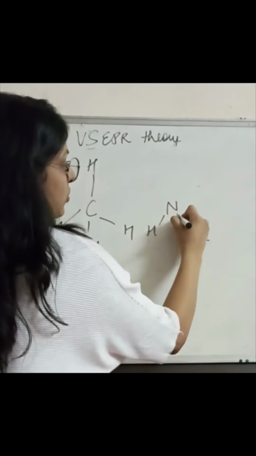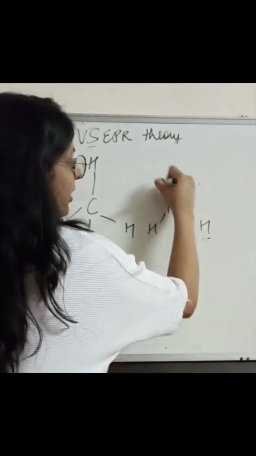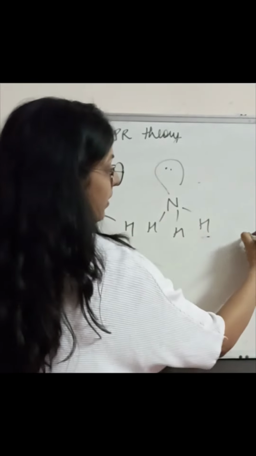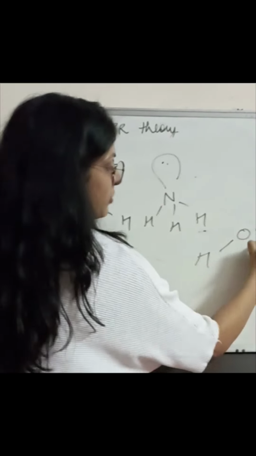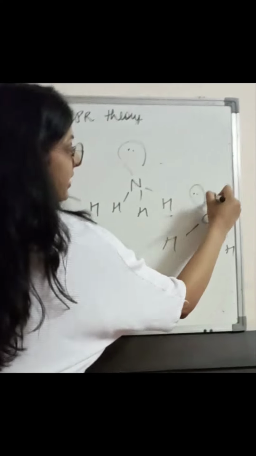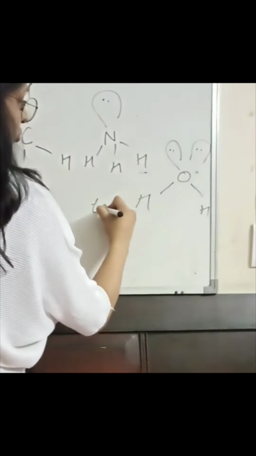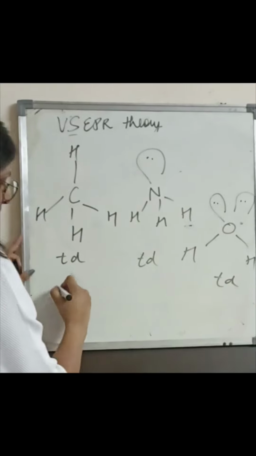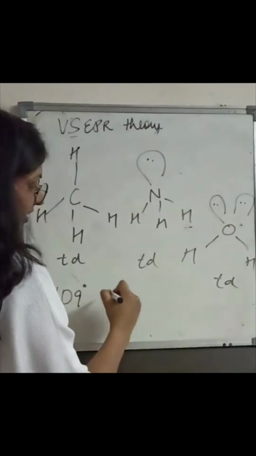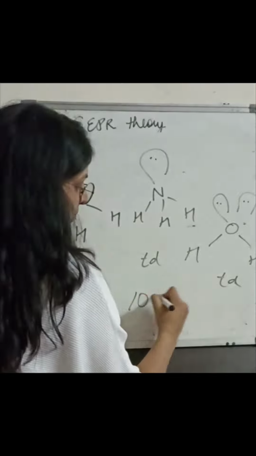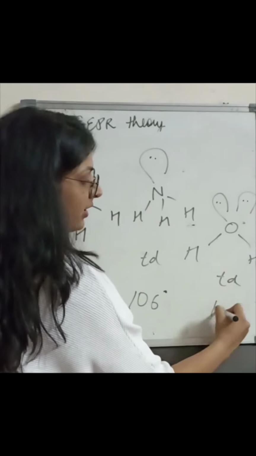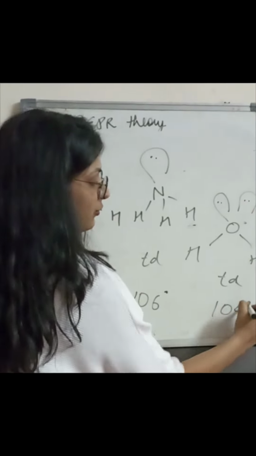Ammonia also has tetrahedral geometry. Water also has tetrahedral geometry. But we see that here the bond angle is 109 degrees, here the bond angle is approximately 106 degrees, and here the bond angle is 104 degrees.